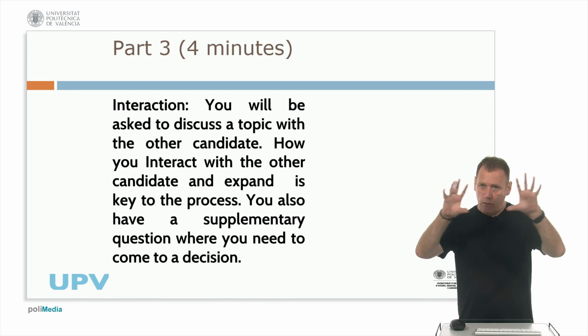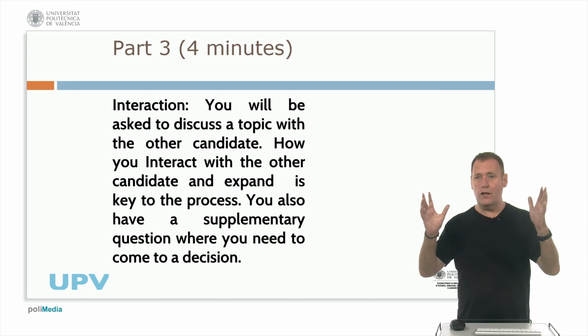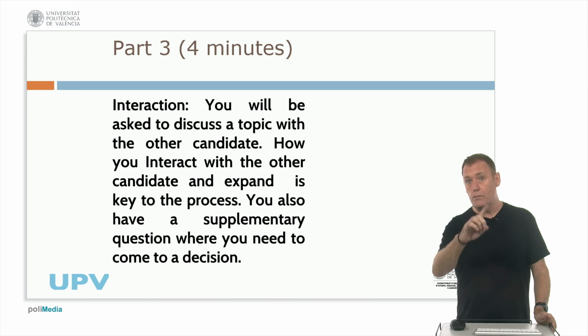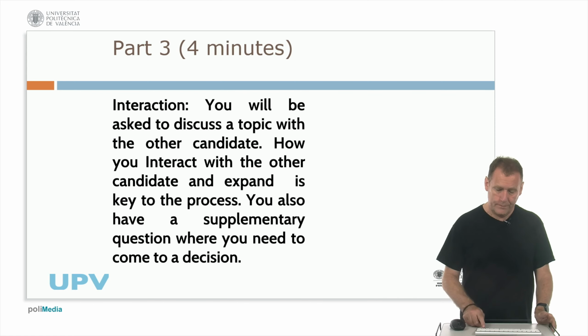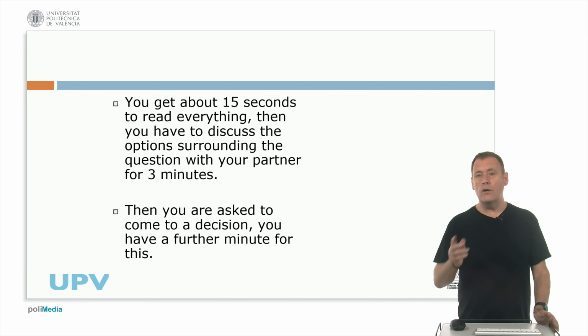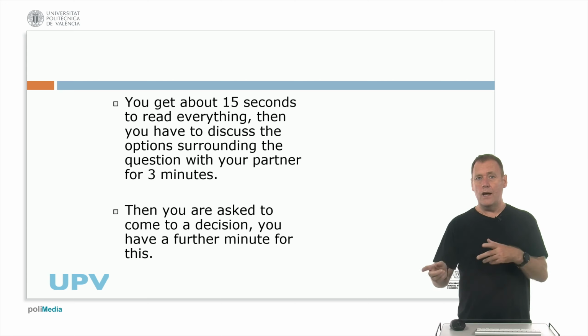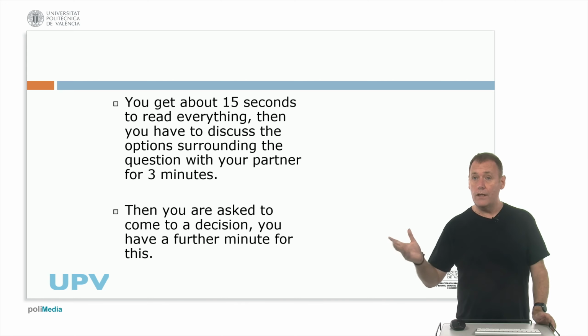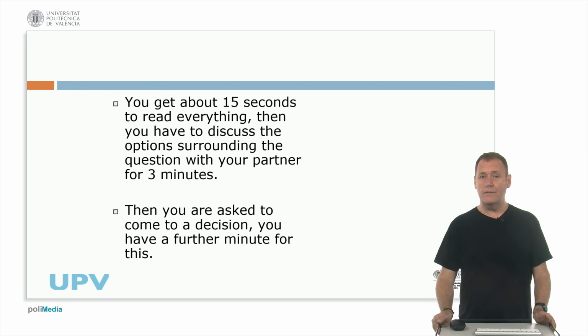You will talk around a subject and a central question. You have some ideas to help you. And then you will also be asked at the end a supplementary question where you must come to a decision with the other candidate. Okay, first of all, you get around 15 seconds to read everything, and then you discuss the options around the central theme for about 3 minutes with the other candidate.